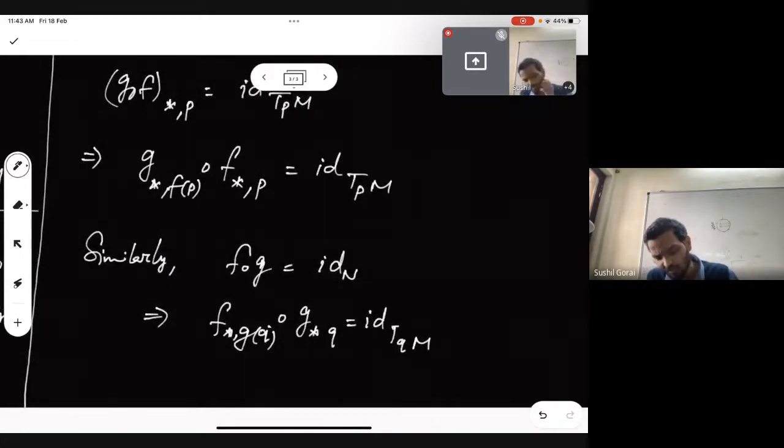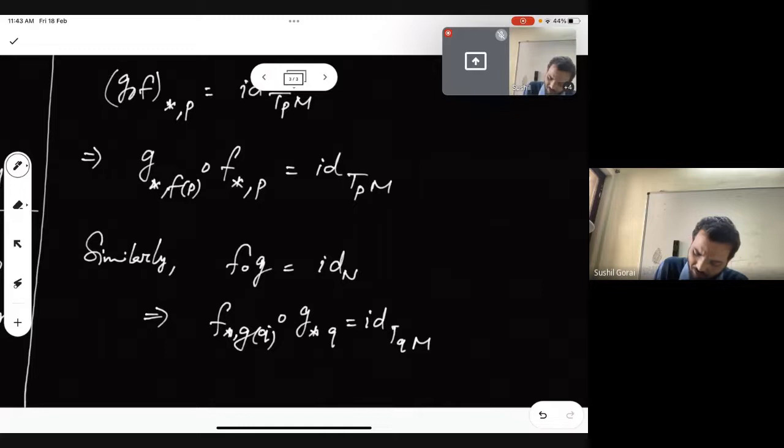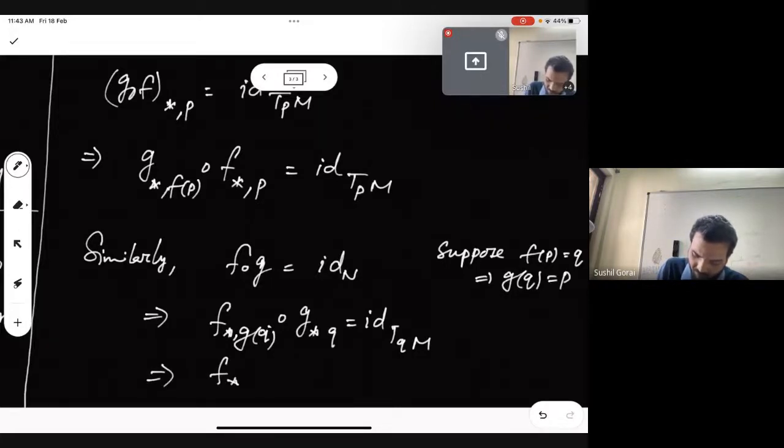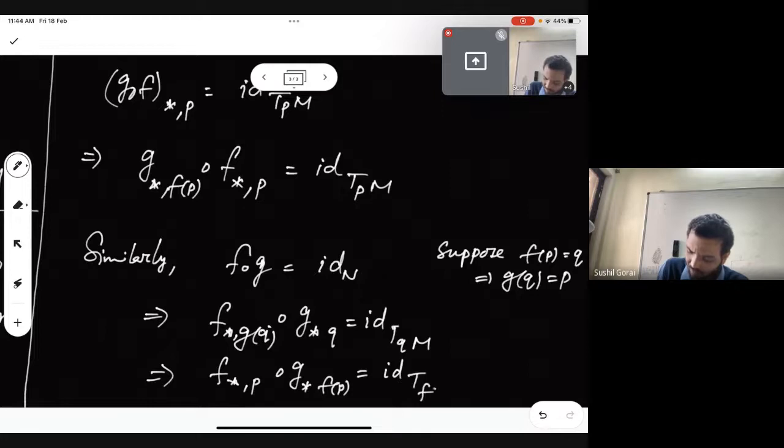Now GQ is P. So suppose FP is equal to Q, and since G is F inverse, GQ is P. So that will give us F star P compose G star FP equal to identity TFP N, right?